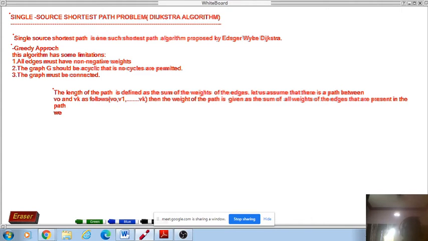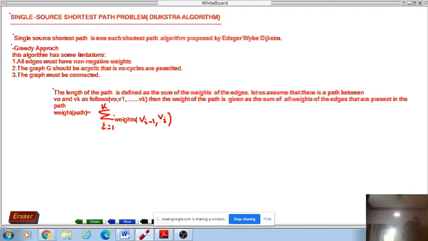So the formula we can write: the weight of the path is equal to the summation, with i starting from 1 to k, of the weight w from vertex V(i-1) to Vi, that is, from V(i-1) to Vi.